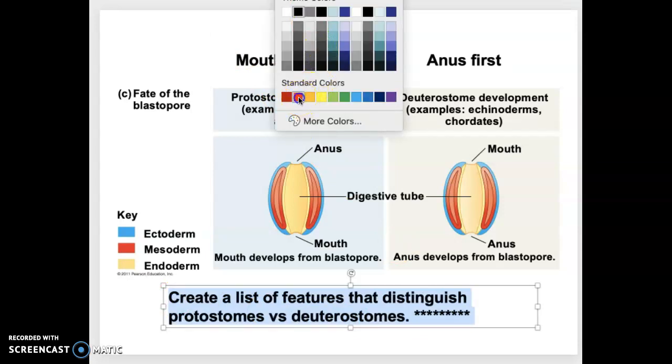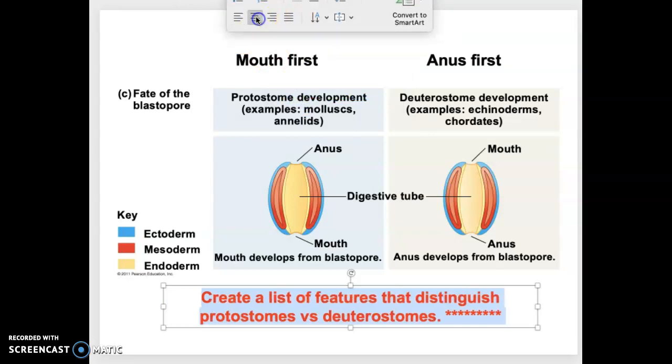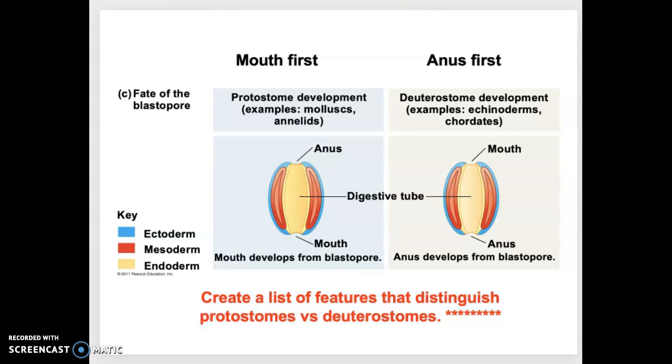How do we know the difference? What are the key characteristics? If you had to list out 3 or 4 features that said, this is how I know it's a protostome, this is how I know it's a deuterostome, do it. Make sure you get this list down. Right now you have one feature: what develops first, your mouth or your anus?